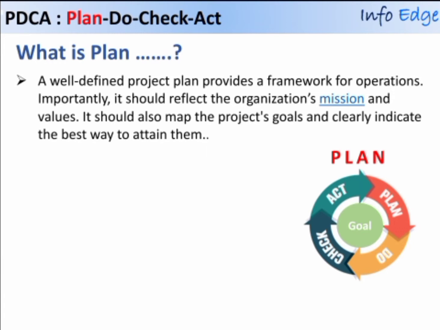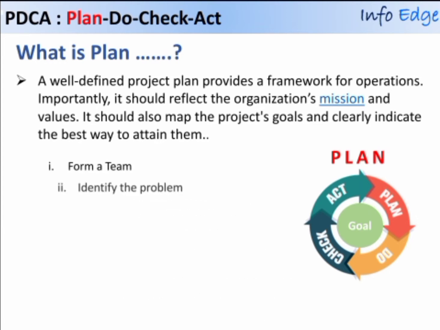Importantly, it should reflect the organization's or the project's missions and values. It should also map the project's goals and clearly indicate the best way to attain them. So whenever making any project, it should clearly indicate the project goals and the targets.